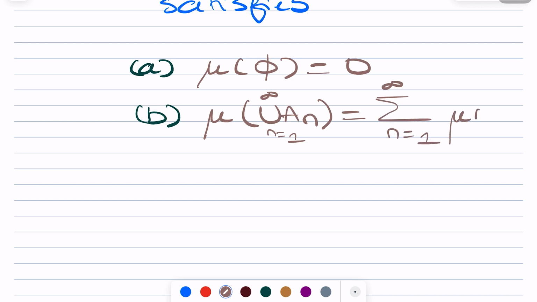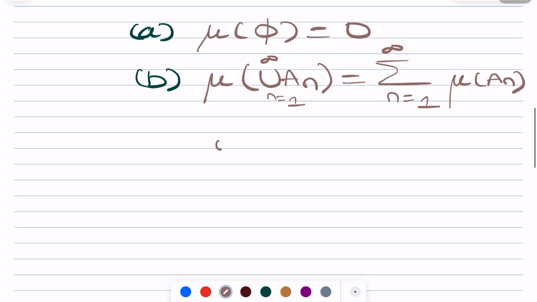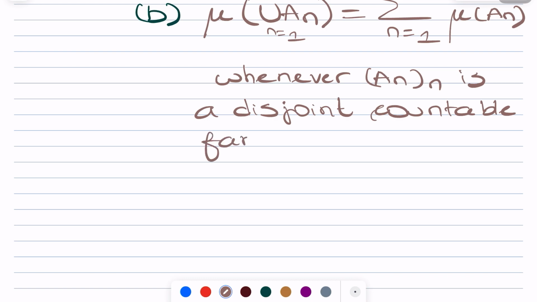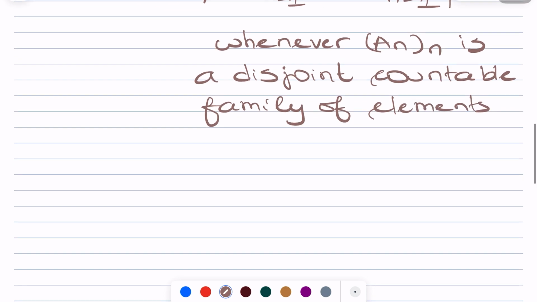This is true whenever the collection of A_n is pairwise disjoint, so whenever it is a disjoint countable family of elements of A. You should note that elements of A are often called measurable sets.